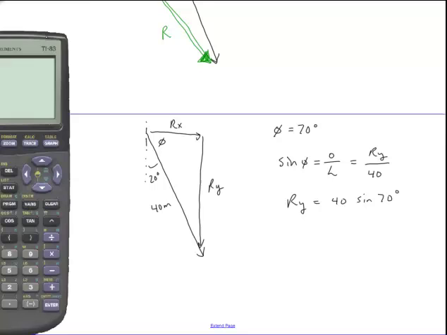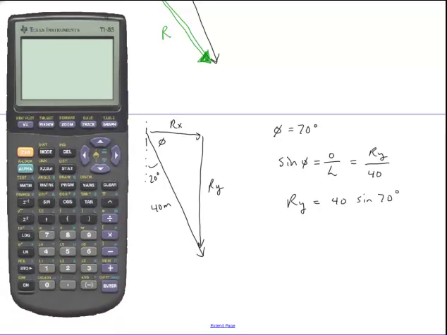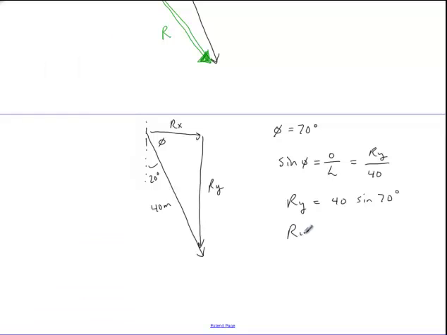So Ry equals 40 times sine 70 degrees, which is 37.59. So Ry equals 37.59 meters.